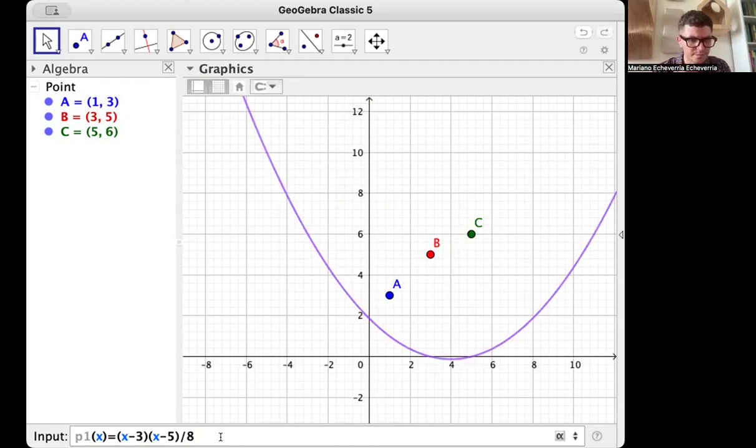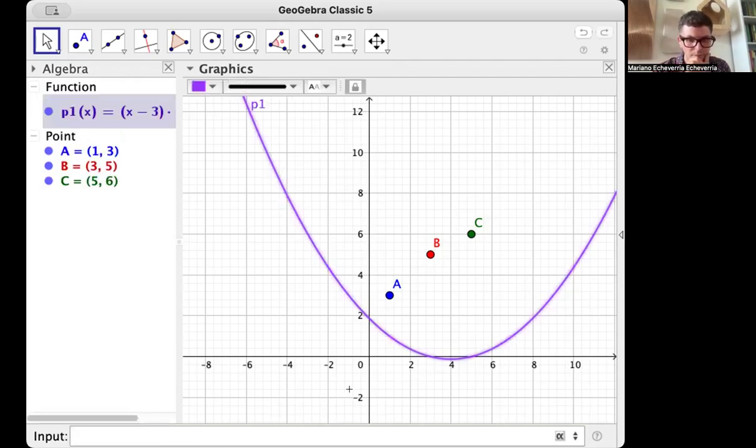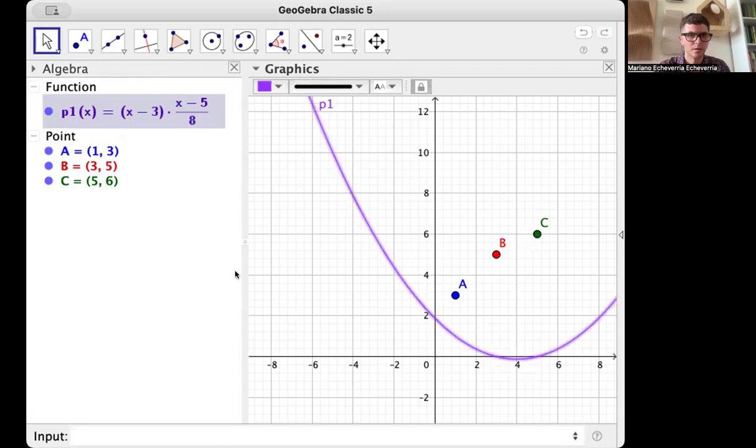Let's see. Is this looking fine? It looks fine, it's just not super clear from the picture.